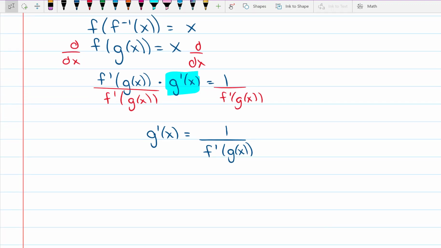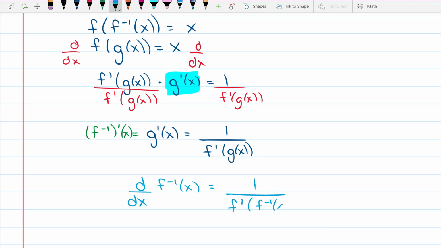Now I only want an f function in my answer. So recall that g of x is equal to f inverse. So this is equal to f inverse prime of x. So we get that the derivative with respect to x of f inverse of x is equal to 1 over f prime of f inverse of x.